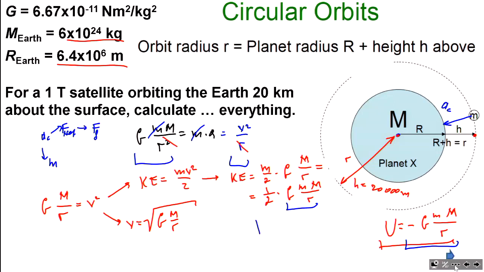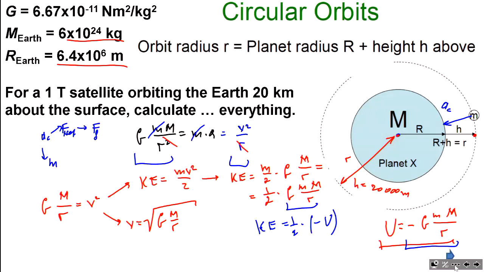For example, kinetic energy will be equal to 1/2 times negative U, negative potential, because we can just compare symbol by symbol: G, little m, big M, r. So this whole thing should be equal to negative U. That's it. Sometimes it's a very good relationship, because if we know kinetic, we can calculate potential immediately. If we know potential, we can calculate kinetic immediately.